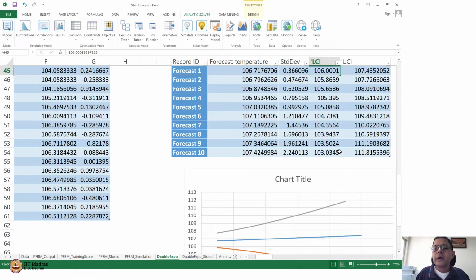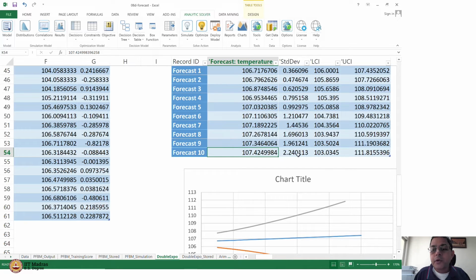Upper confidence intervals. The lower value here is 106 and the higher value is 107.43. The mean value is 106.71. So between 106 and 107.4, the expected value is 106.7, which is pretty much at the center. Now, if you go to the 10th forecast, the expected value is 107.42, which is not very far away from the first forecast, 106.71.